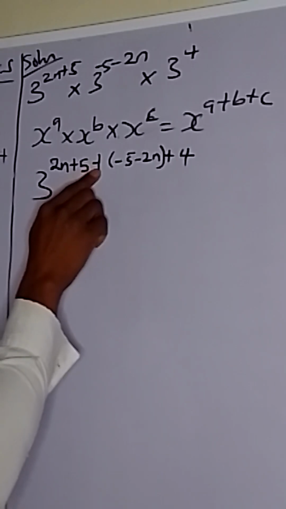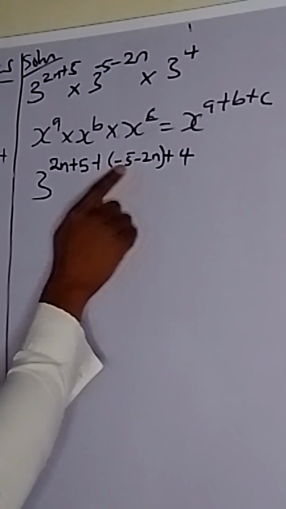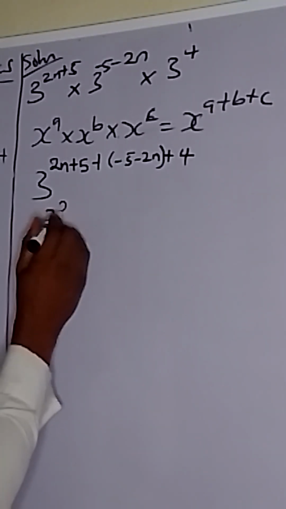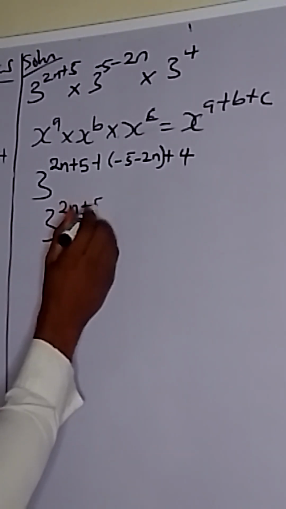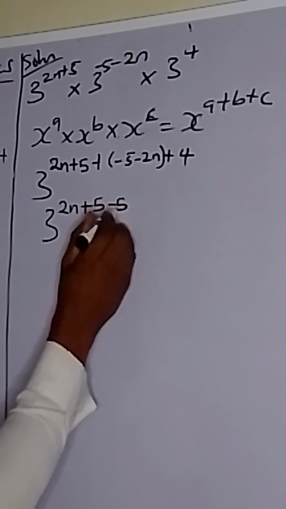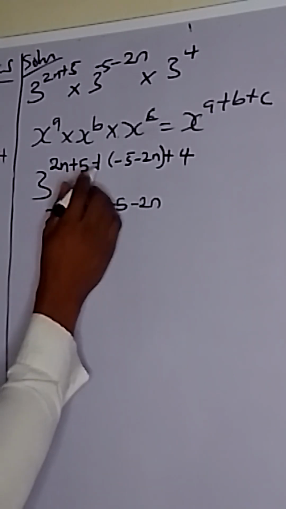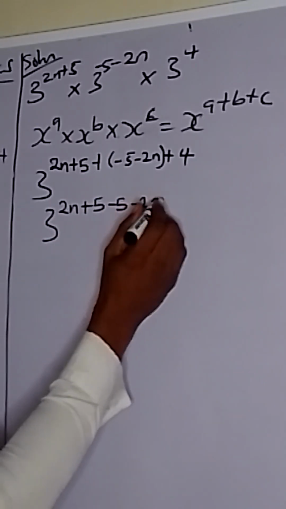And then we open this bracket, being that this is plus and multiplying things that have minus. Minus will always dominate plus. So we will have 3 raised to the power 2n plus 5 minus 5 minus 2n, because plus times minus is minus and plus times minus is also minus.